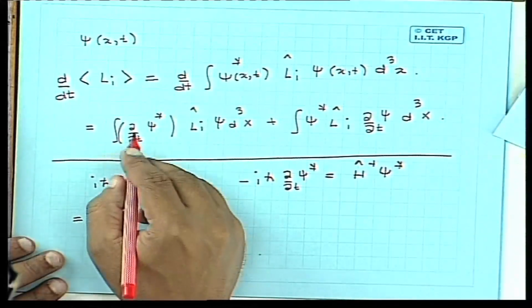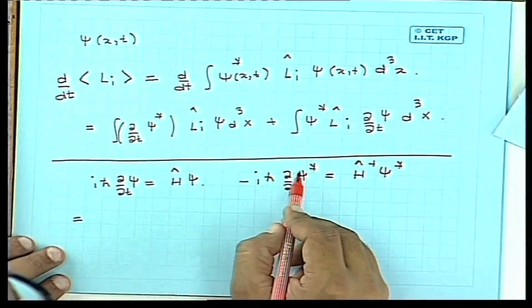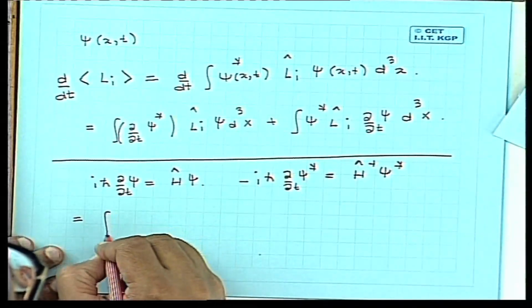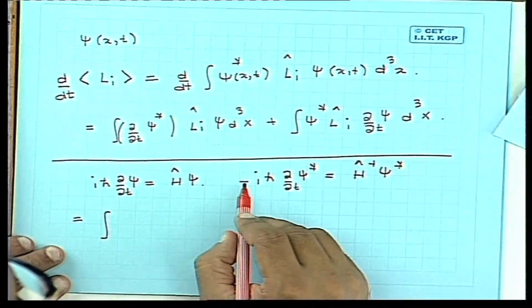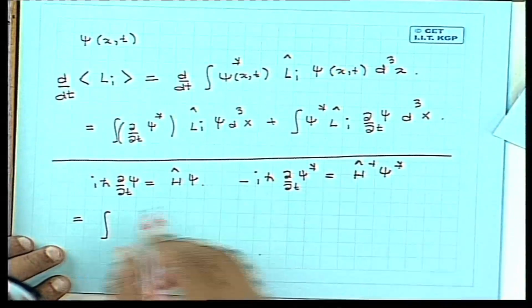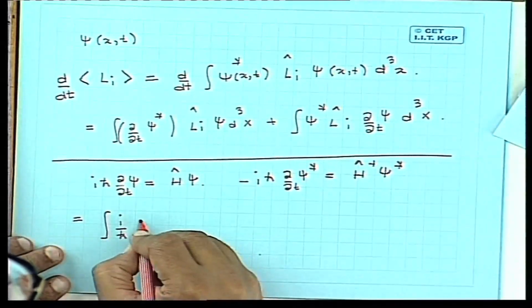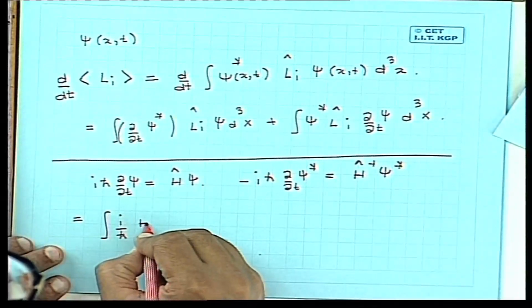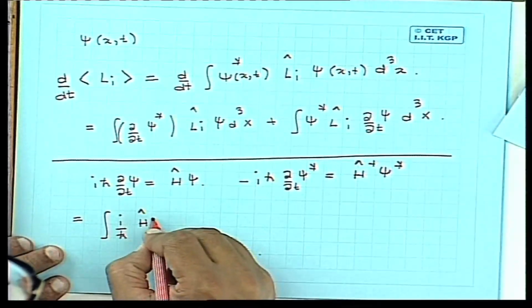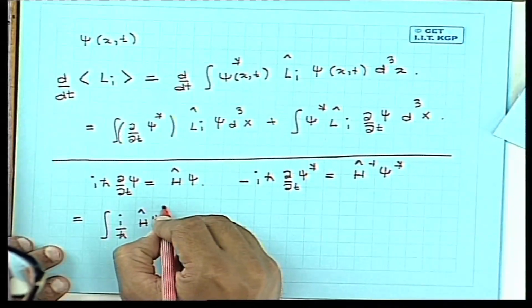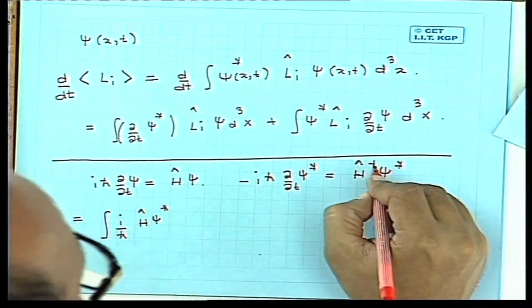So what this gives us, del by del t of psi star, is equal to minus i by h cross into the Hamiltonian acting on psi star.